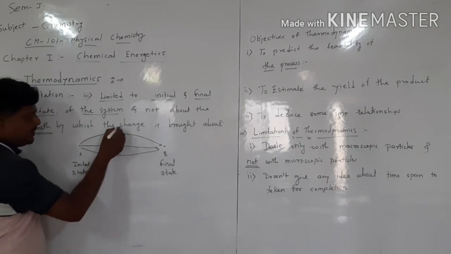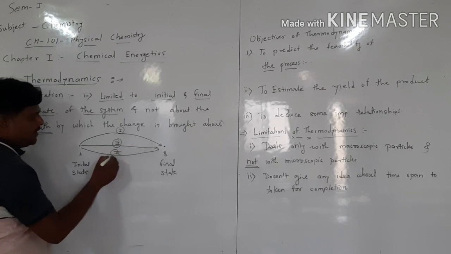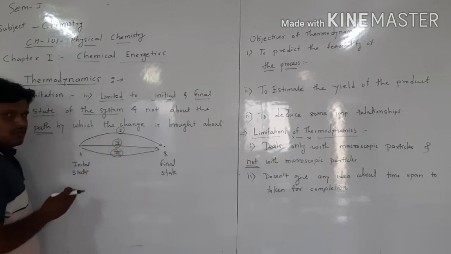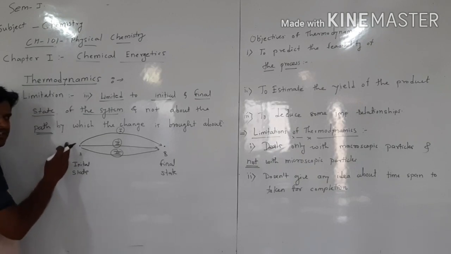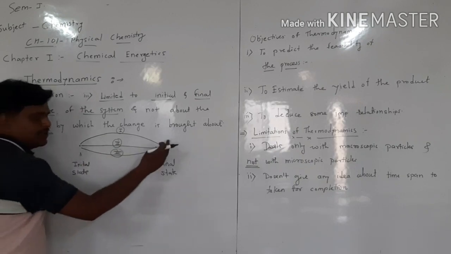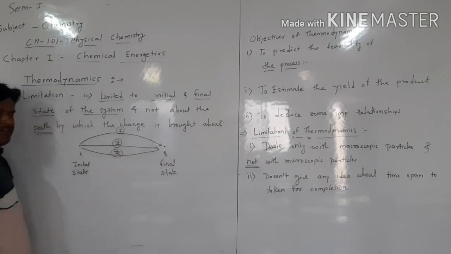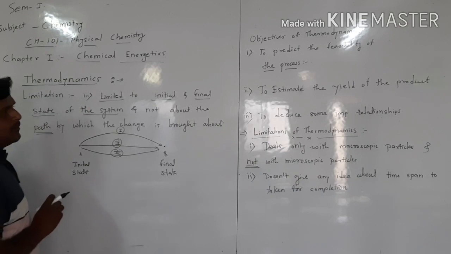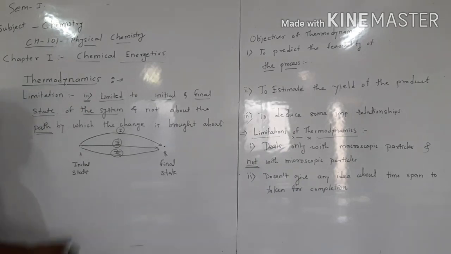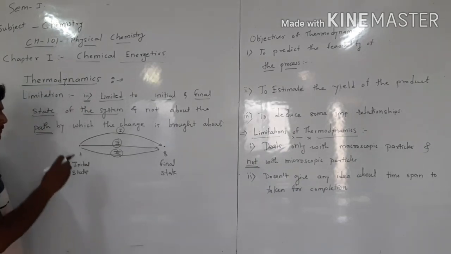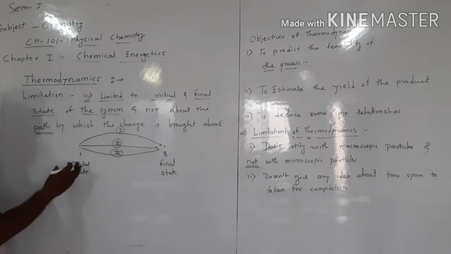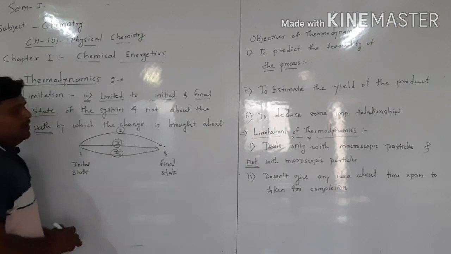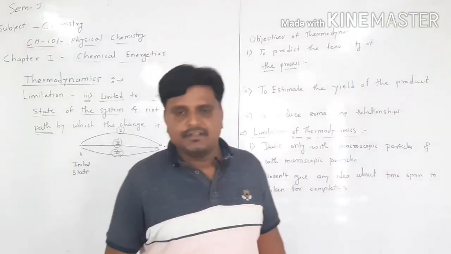But in thermodynamics we can't find out what path we chose for reaching B from A. We can only stay with the initial and final state of the system. Okay, thank you.